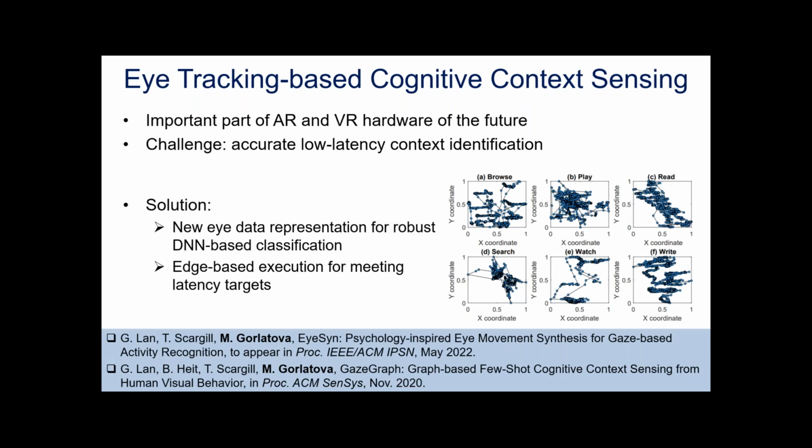And eye tracking is a very important part of both augmented reality and virtual reality hardware already, and will be so in the future. In both AR and VR, eye tracking enables gaze-based interaction. That's important in many cases. It also enables the so-called foveated rendering.